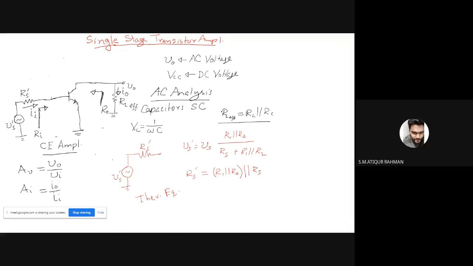No, sir. Okay. So now this is the common emitter amplifier. Now before I proceed to analyze this circuit, I will now show the other two configurations, the common base and common collector, and how we can simplify those circuits.